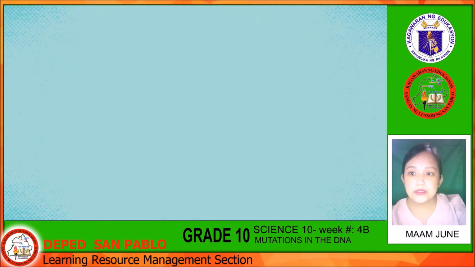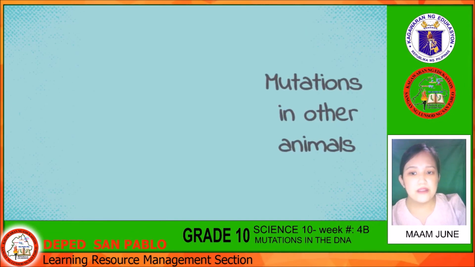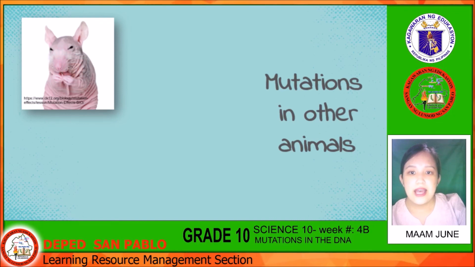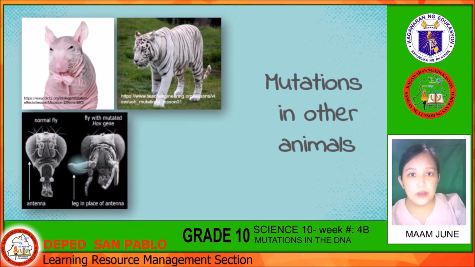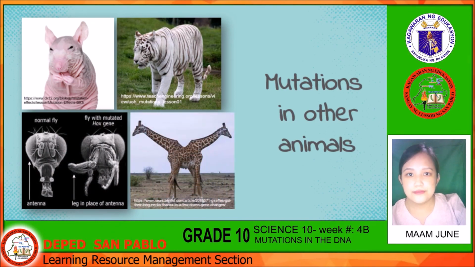Similarly, other forms of animals may also experience hairlessness, albinism, and kinds of anatomical variations.